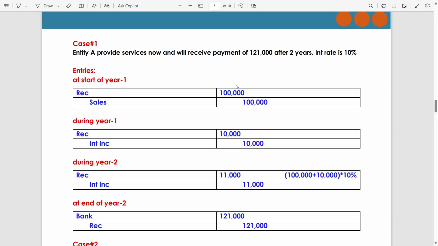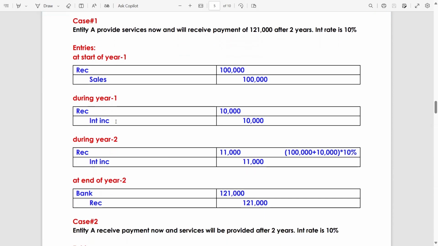Also, you can use the formula P equals F, the future value, divided by 1 plus the interest rate, raised to the power of the number of years, which is 2.